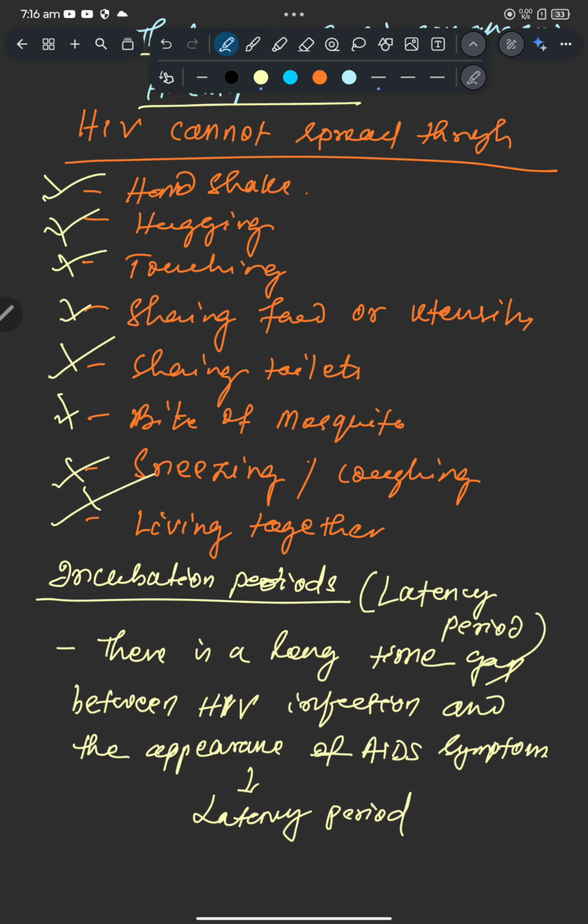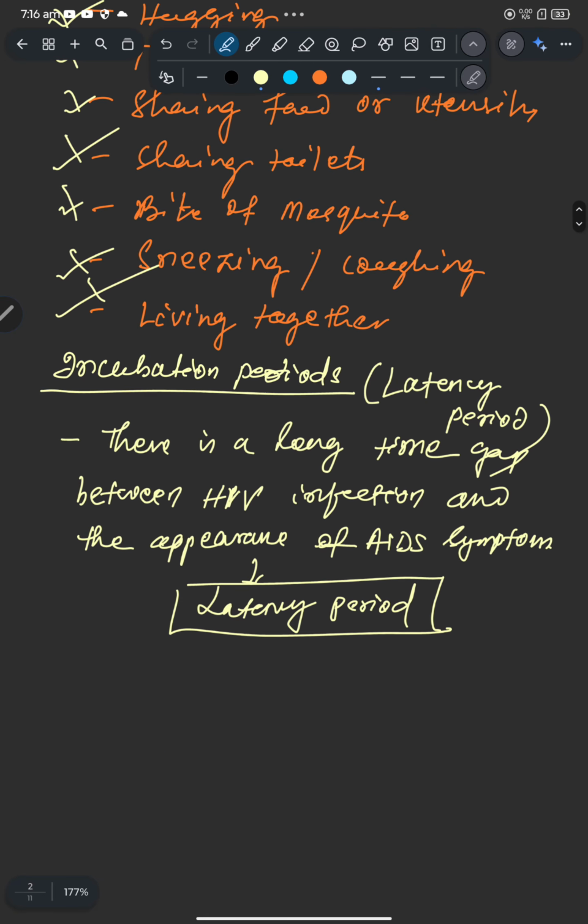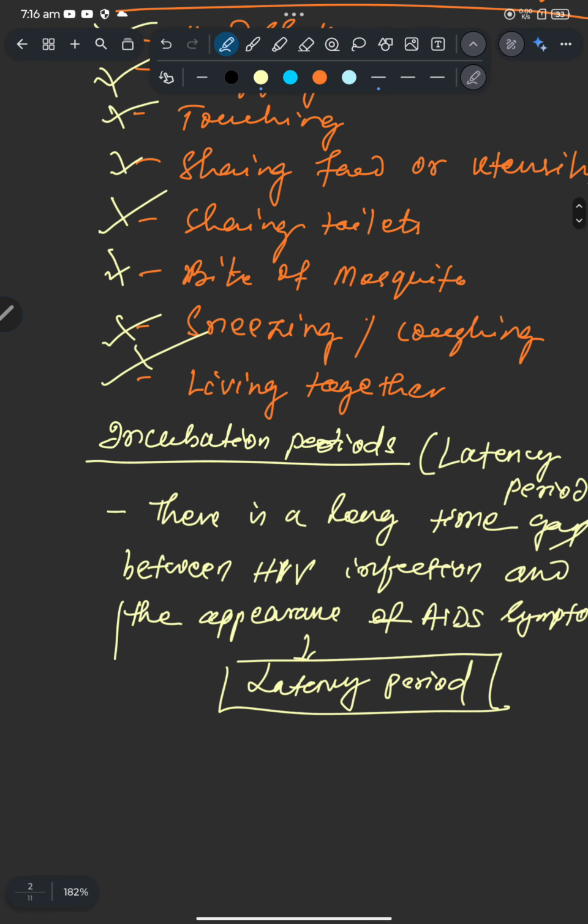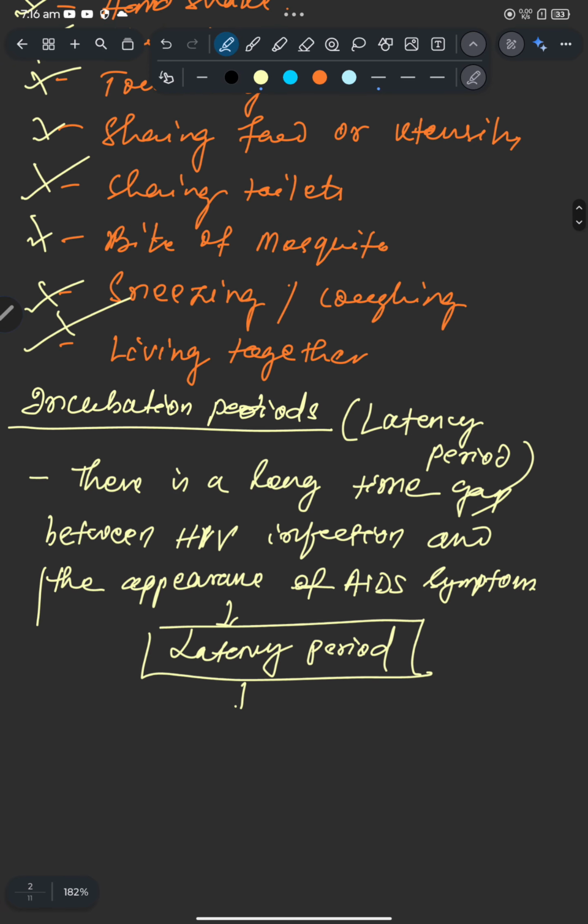Okay? Very important. What is latency period? Generally, the latency period is about 5 to 10 years, but it varies from a few months to several years, depending on the immune system of the person who is infected.